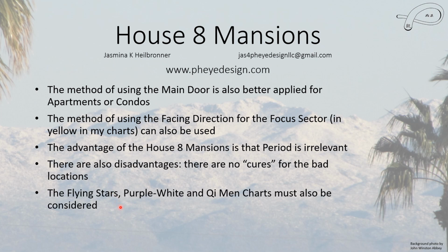Now, flying stars, the purple white, and the Chi-Man charts must also be considered. And so really, that is not something you should truly ignore. Especially the flying stars for a house and the purple white and Chi-Man charts for an apartment or a condo.